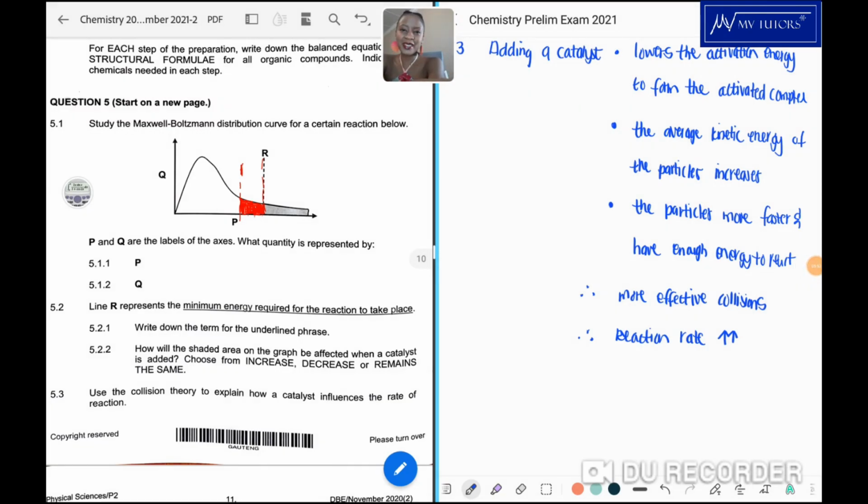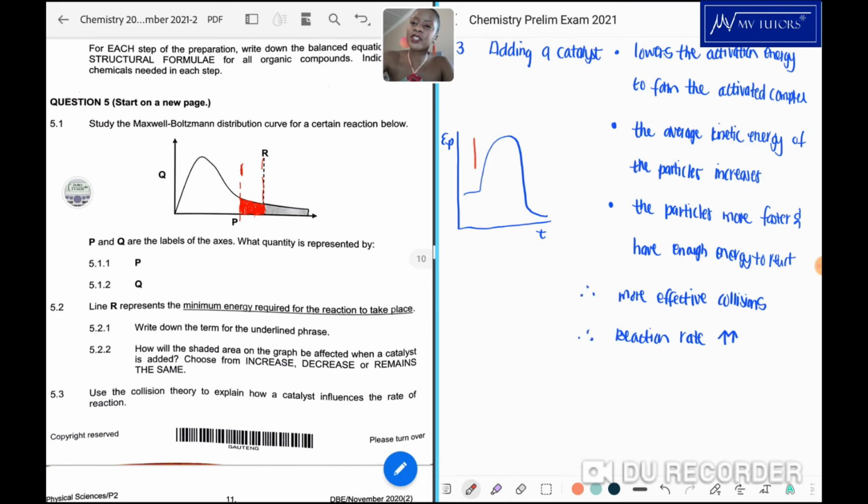I thought I would write all of that down so that I can save time. Like I explained, when you add a catalyst, you lower the activation energy to form the activated complex. So what is the activated complex? If you remember your potential energy versus time graph, let's say we have an exothermic reaction.